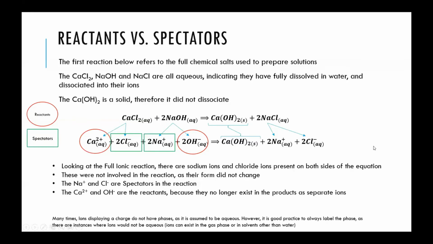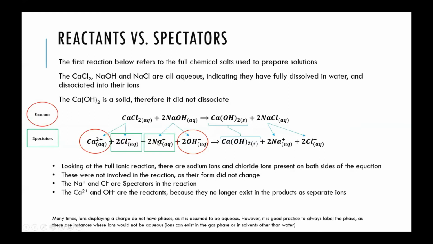So when you look at this, you'll notice that these 2 sodium ions appear on both sides of the equation. And the 2 chloride ions also appear on both sides of the equation. This equation right here is the full ionic reaction.